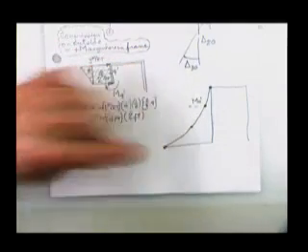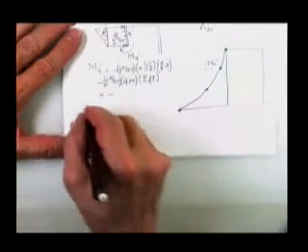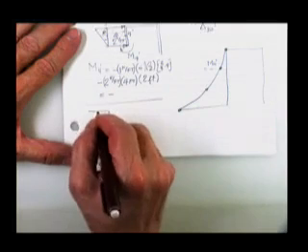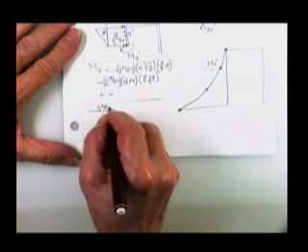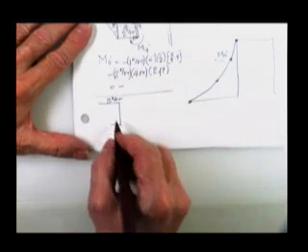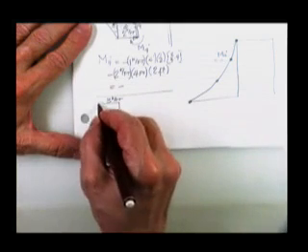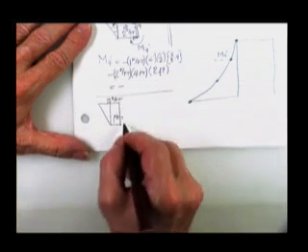1, 2, 3, 4. To get the next one, you'll draw this. This will still be 3 kips per foot. This will be 1 kip per foot. This will be a triangle. You break it up into 2 pieces.